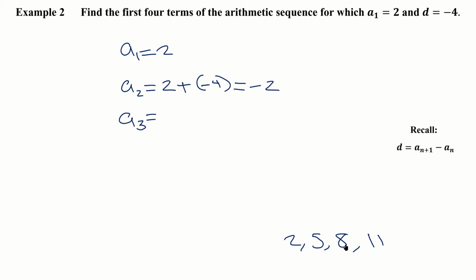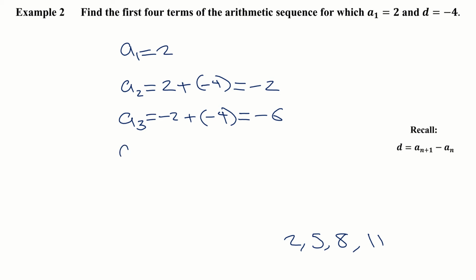So now if I know, for example, 8 is one of the terms and I want the next term, I add the 3 to get the next term, right? So here I want a_3, so I know that the previous term a_2 was -2, so I need to add the common difference of -4 to that to get my next term. So it'll be -6, right?